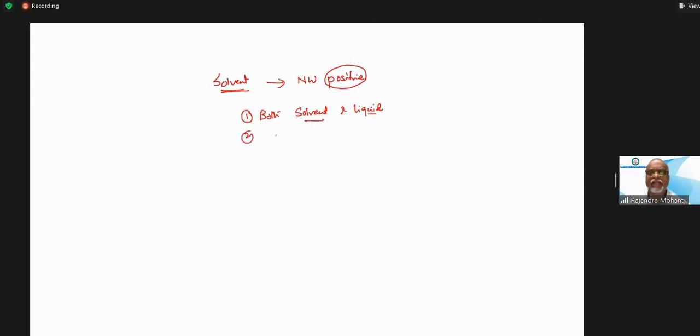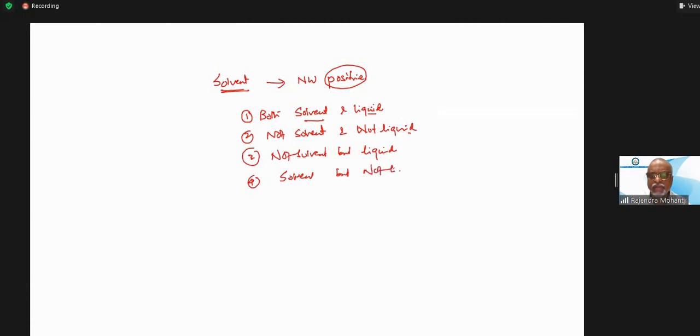The second thing is that a bank can be not solvent and illiquid, or no, there is no liquidity. Not liquid, I can say. That is your position. Third is, you can say that a bank is not solvent, but it might be liquid. Liquidity is there. Fourth is, a bank is solvent, but not liquid. So all these four conditions might happen.